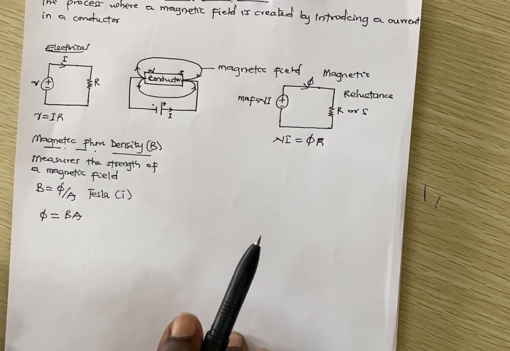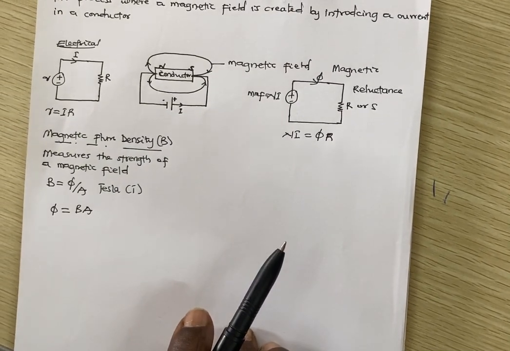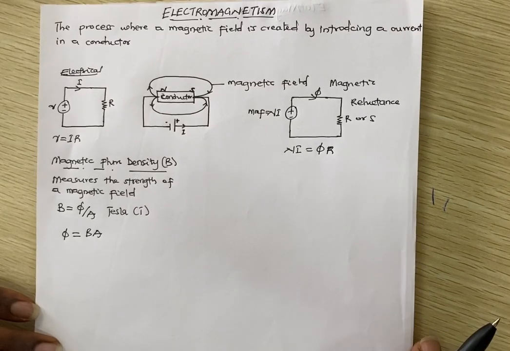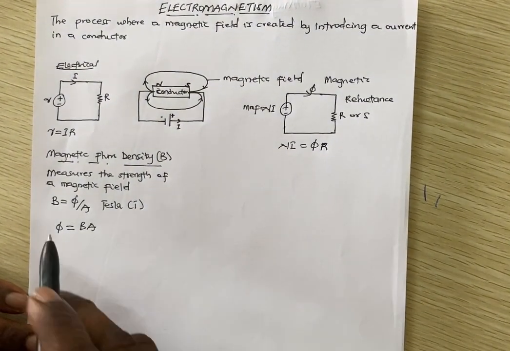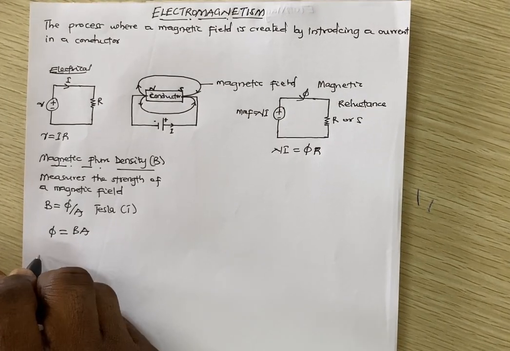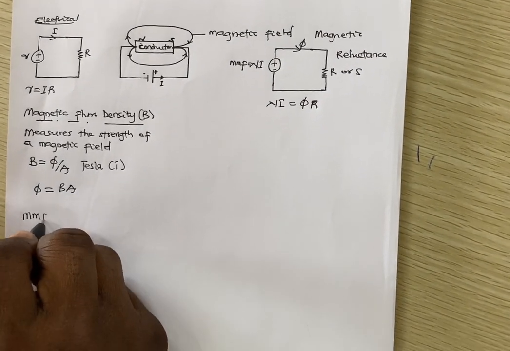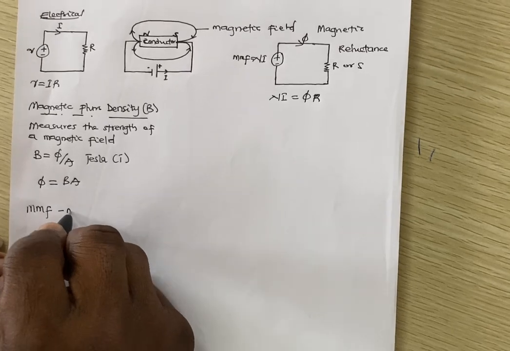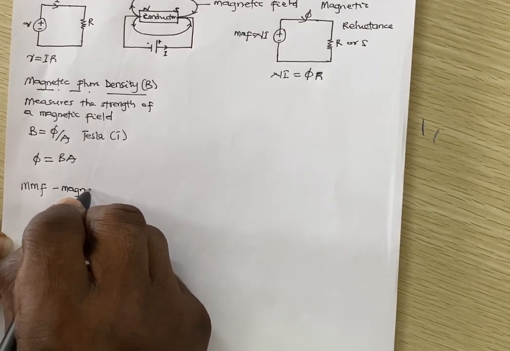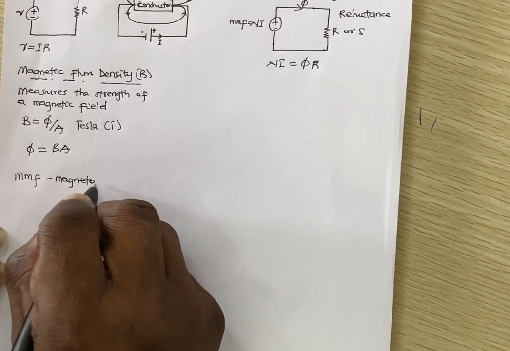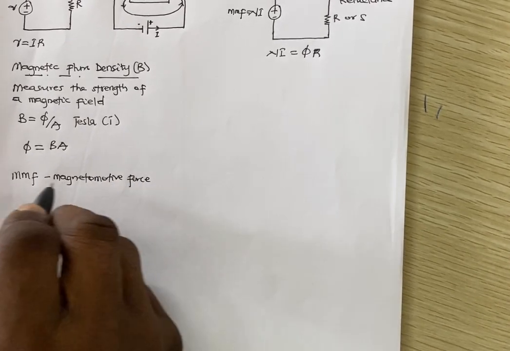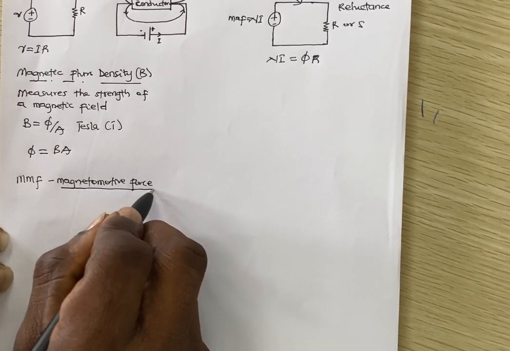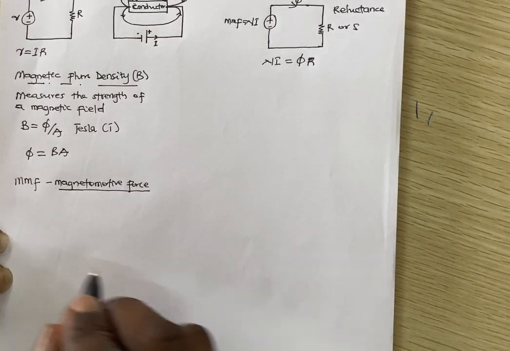Then we can also talk about another term, the magnetomotive force, which I've indicated here. So we say the magnetomotive force, MMF, is the force that drives the flux through a magnetic circuit.